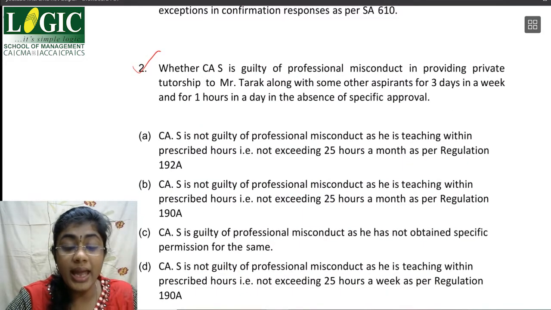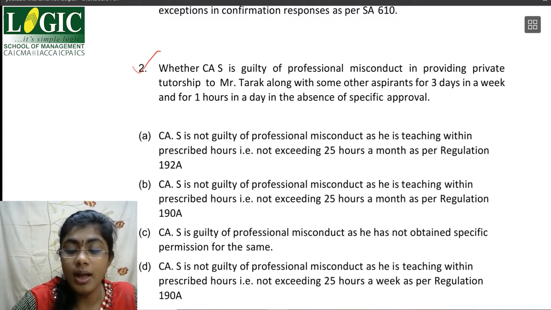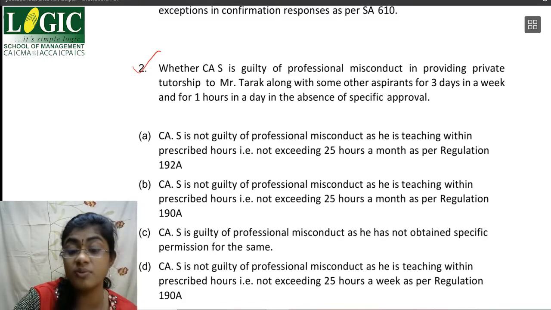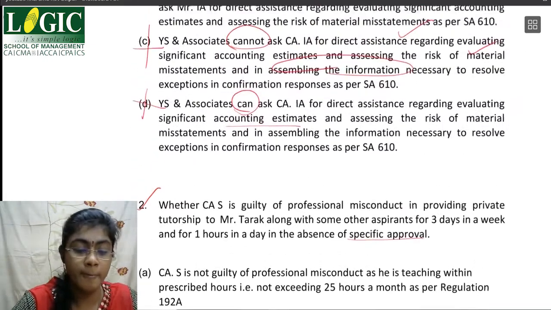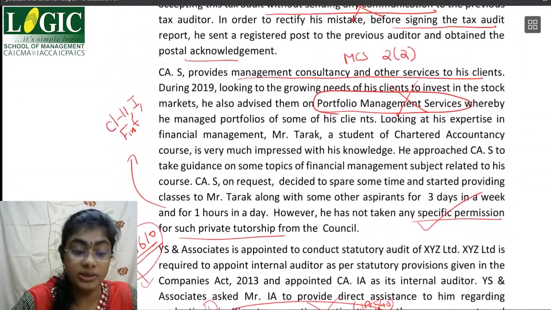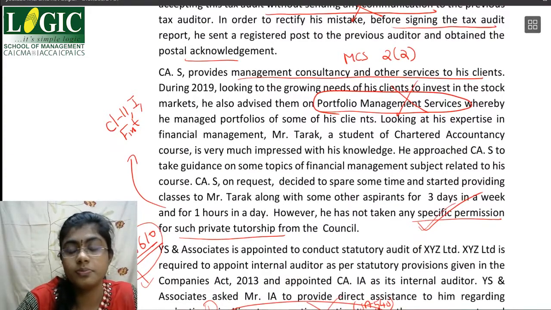Whether CAS is guilty of professional misconduct in providing private tutorship to Mr. Tarak along with some other aspirants for 3 days in a week and for 1 hour in a day in absence of specific approval. You remember, students, in the above passage we said this is allowed.